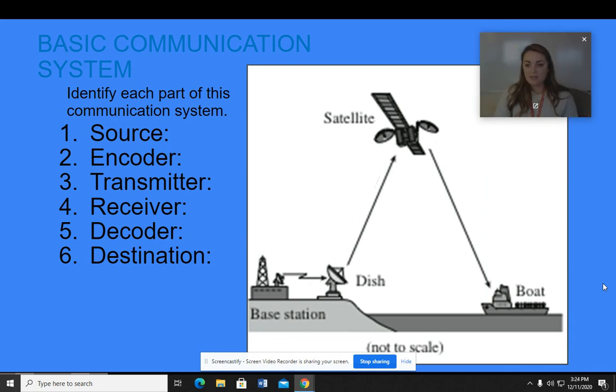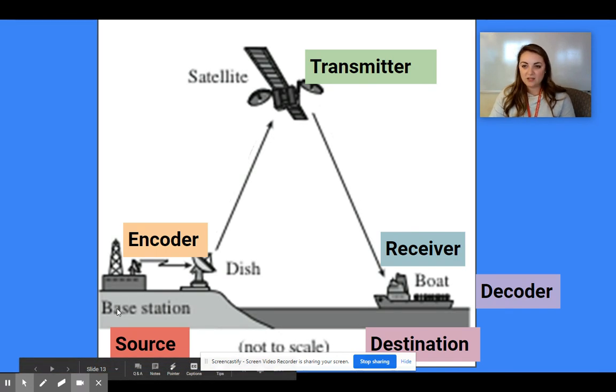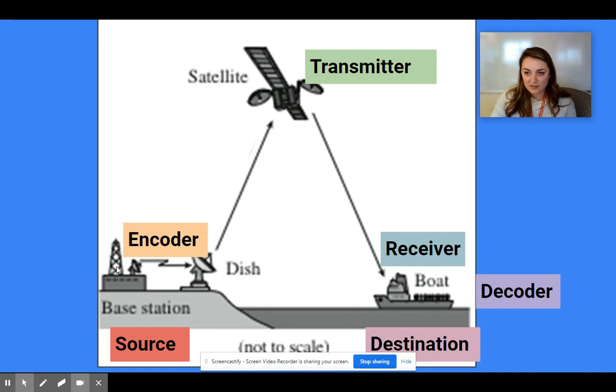And so we see that this is our answer. The base station is the source. The base station is where the information is coming from. That base station is going to then encode the message through a dish, because the base station doesn't speak satellite signal. So the dish does. It has to encode into a satellite signal.